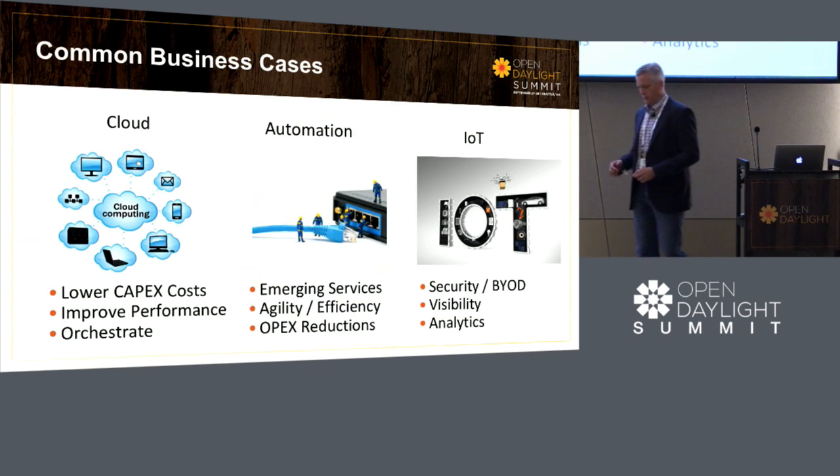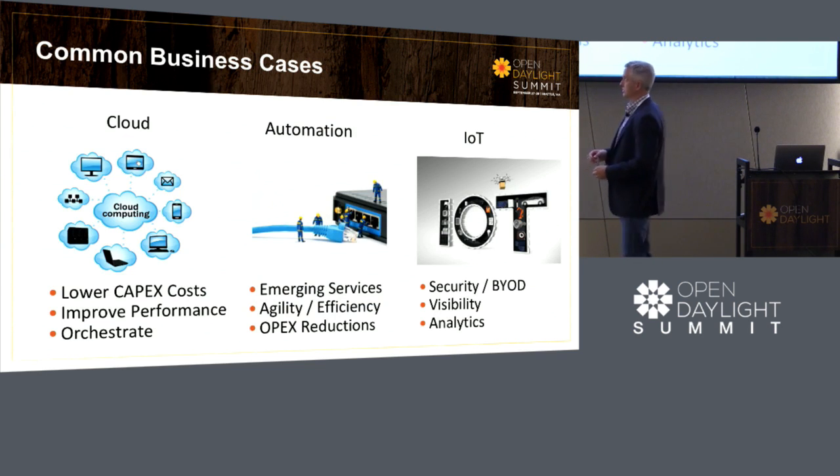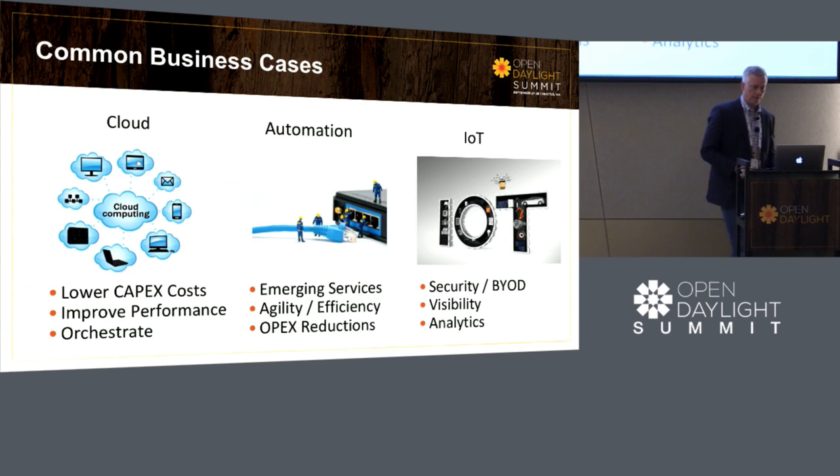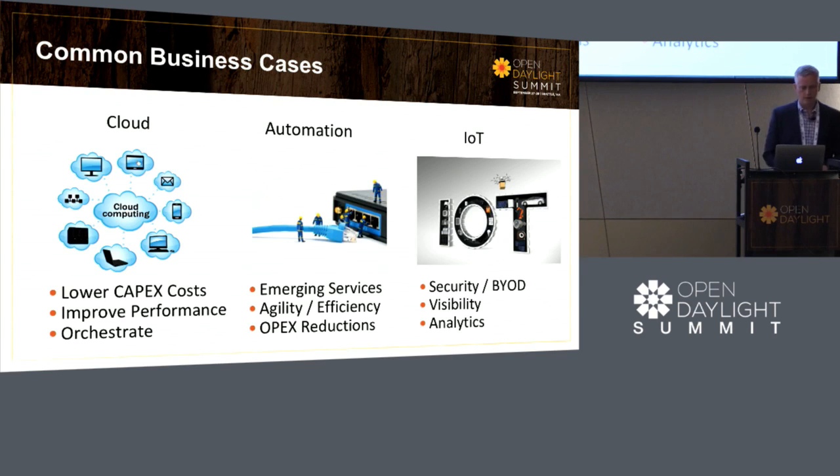Finally, from a challenge perspective, what is that use case? It usually falls into one of multiple larger categories. Three of the key ones are cloud, automation, and IoT. There are different things you're trying to accomplish within each one. Within cloud or OpenStack, if it's private cloud, it's lower CapEx costs, improved performance, and orchestration.